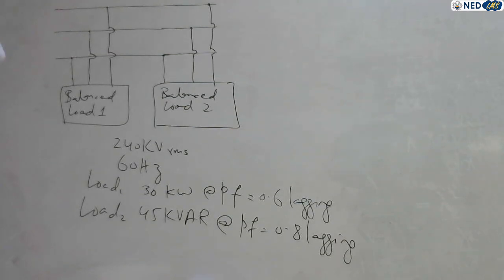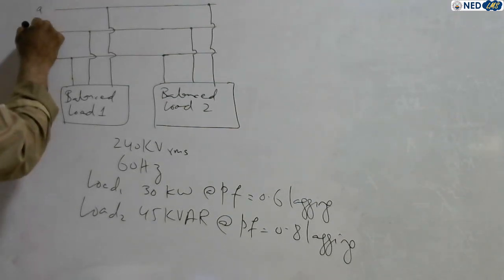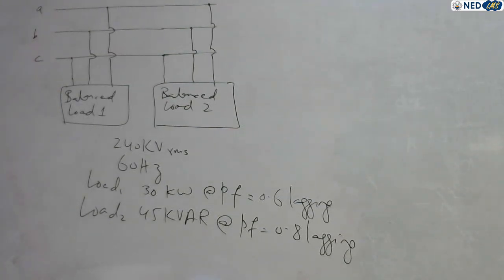Assuming the ABC sequence, the positive phase sequence, find part A, the complex, real and reactive powers absorbed by the combined load.